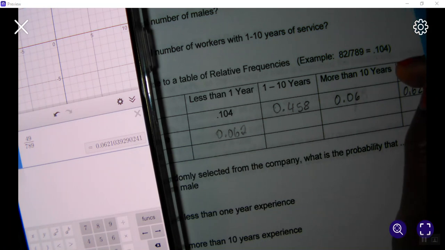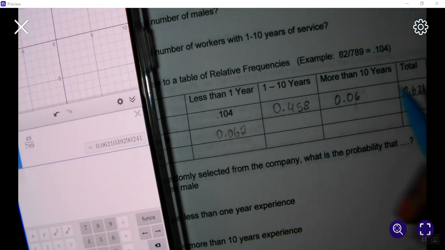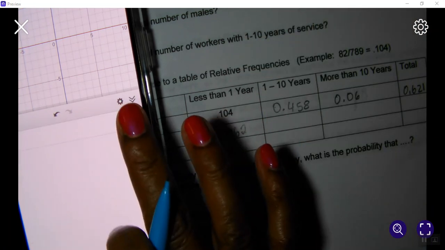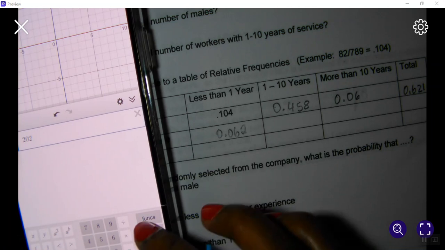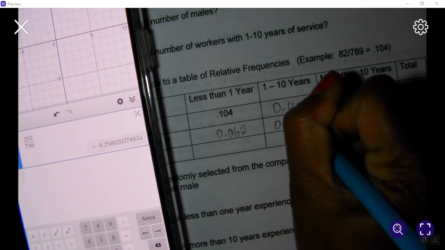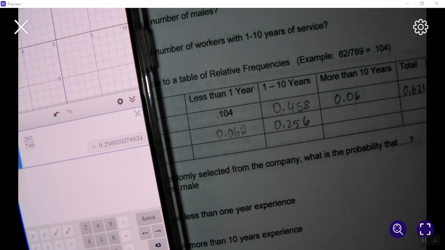Did I do that right? Oh yeah, okay. 202 divided by 789, 0.256, and so on.